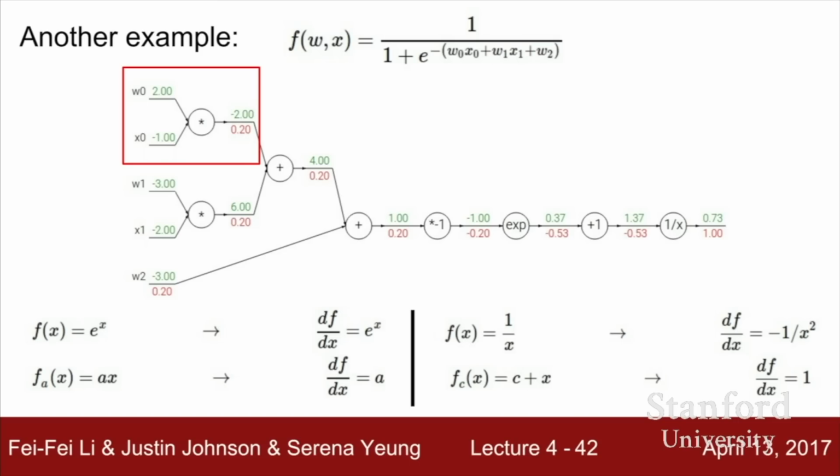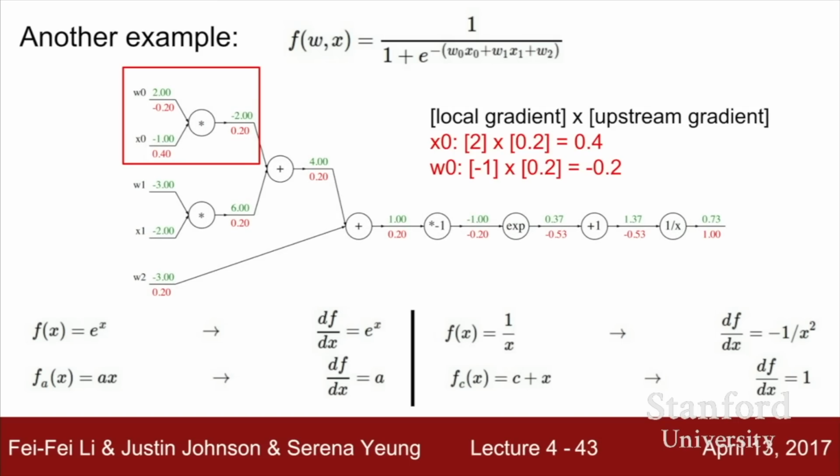I'm hearing minus 0.2. Exactly. With respect to W0, we have our upstream gradient 0.2, times the value of x, which is negative 1, and we get negative 0.2. We can do the same thing for the gradient with respect to x0. It's 0.2 times the value of W0, which is 2, and we get 0.4.